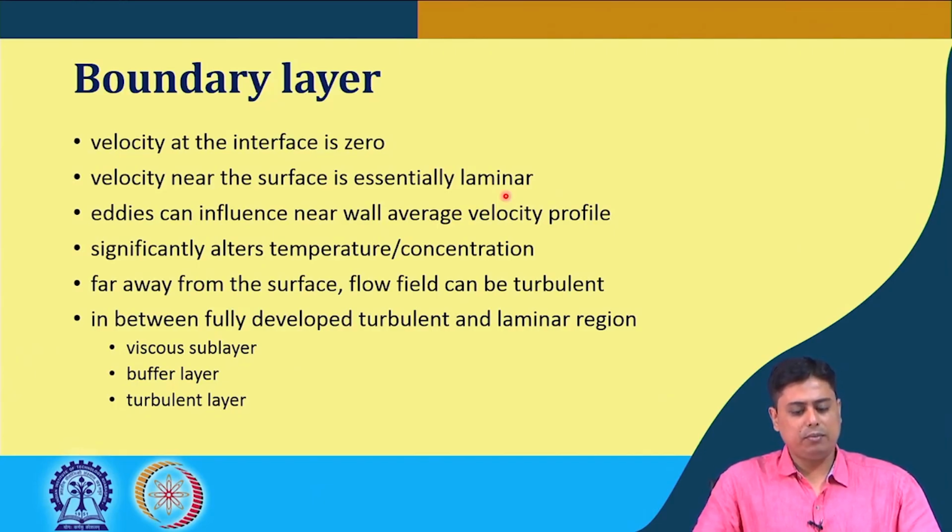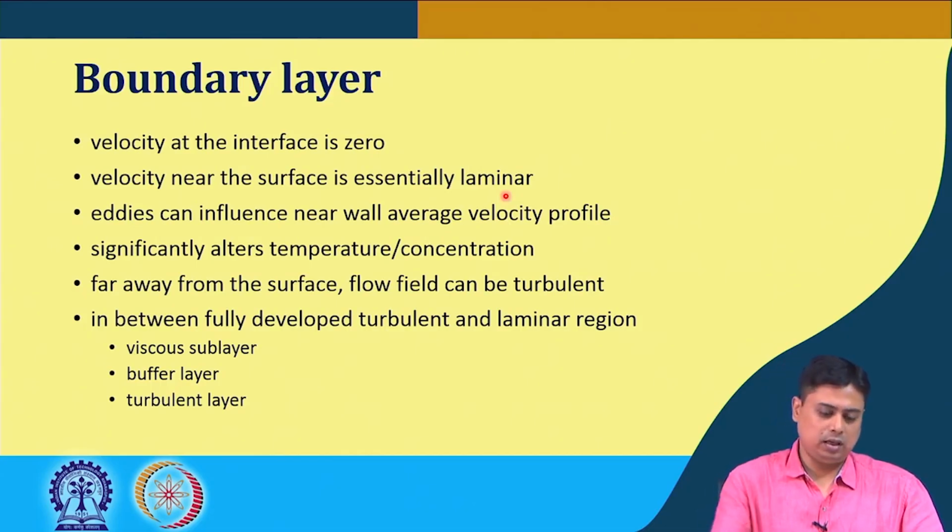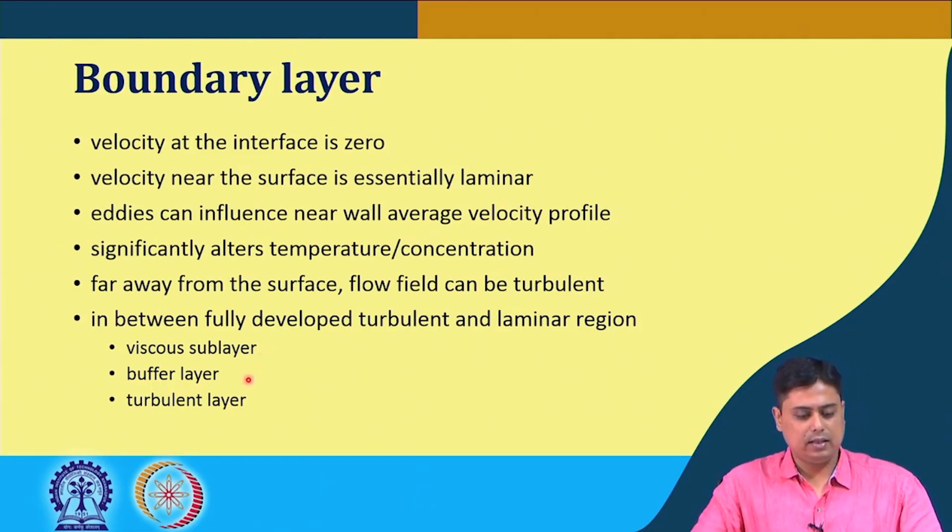But far away from the surface, the flow field can be turbulent, and usually if the approach velocity is high, it is definitely turbulent. So, in between the fully developed turbulent layer and the near surface laminar region, there can be several sublayers. Those are listed here: the viscous sublayer, buffer layer, and then the turbulent layer.